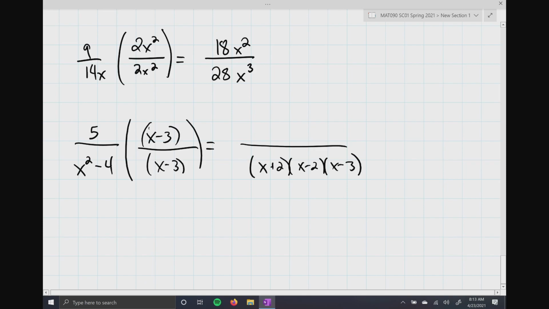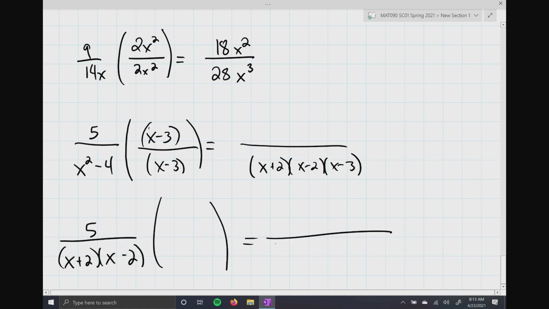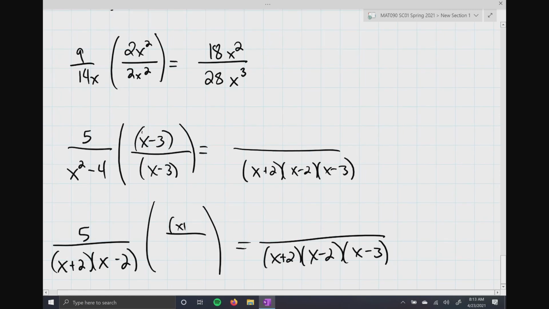The reason being, we should know by now that x squared minus 4 is our difference of squares. So the only thing we need is x minus 3 over x minus 3.